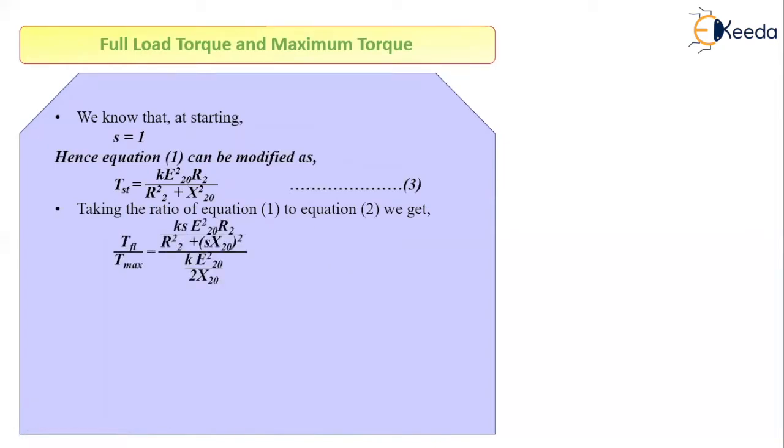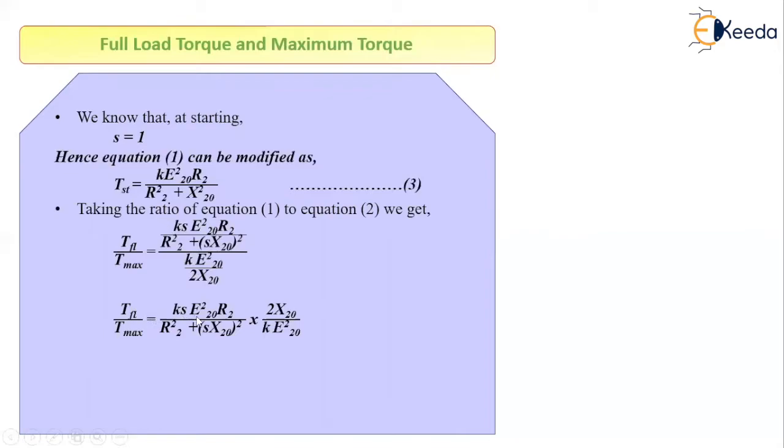So we get TFL, that is full load torque, divided by Tmax, that is maximum torque, is equal to K s E20 square R2 divided by R2 square plus (s X20) square, whole divided by K E20 square divided by 2 X20.